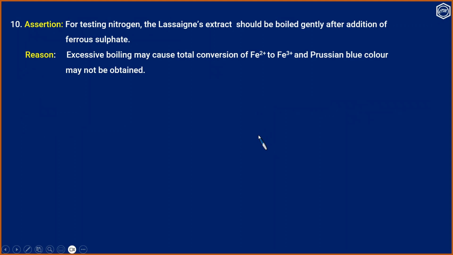Next is an assertion reason question. Assertion: for testing nitrogen, the Lassaigne's extract should be boiled gently after the addition of ferrous sulfate. The reason: excessive boiling may cause total conversion of ferrous iron to ferric iron, and a Prussian blue color may not be obtained.